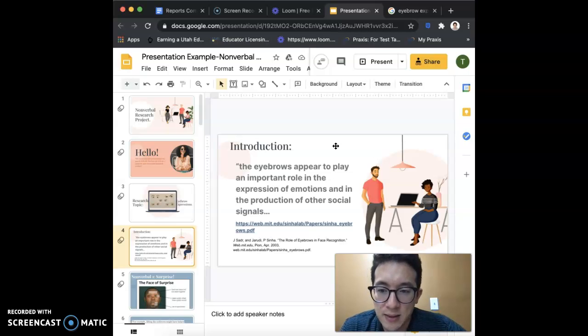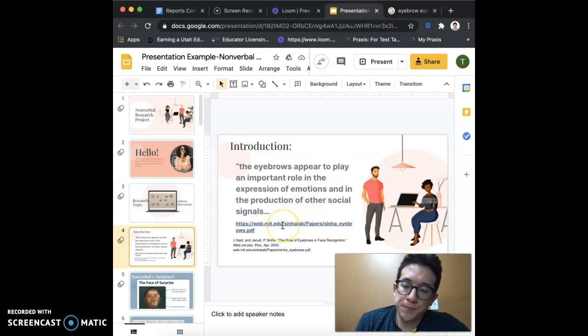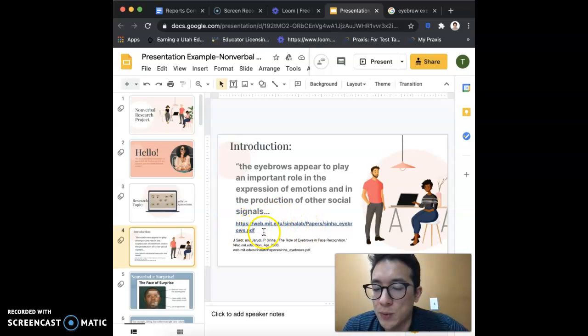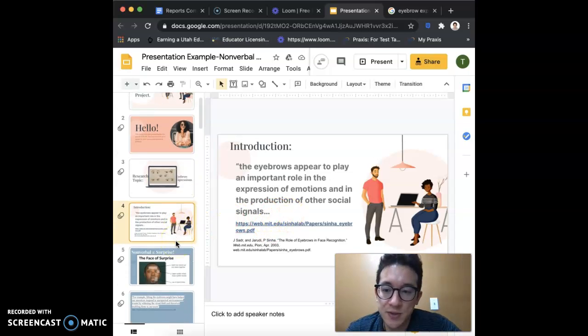Okay, I think this paper I read from MIT also talked about how eyebrows have a lot of sexual expression. It went on a lot about that, but I won't get into that now. But it does have a strong indication of interest and desire, so that might be why it's related.